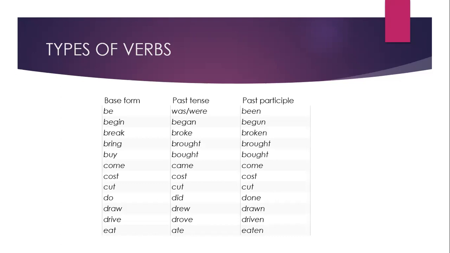Bring, brought, brought. Okay. Now if you look at the past tense and past participle of these irregular verbs, you see that none of them has ed. They don't have the ed form. So anytime you have a verb that does not form its past or perfective by adding ed, then that verb is an irregular verb.